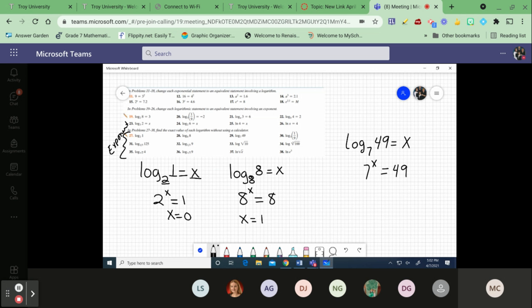Now I'm right back where we were talking about just a minute ago. I got to get my bases the same, right? So I can rewrite 49 as 7 to the second power. So I have 7 to the x is equal to 7 to the second power. So x is equal to 2. Make sense?